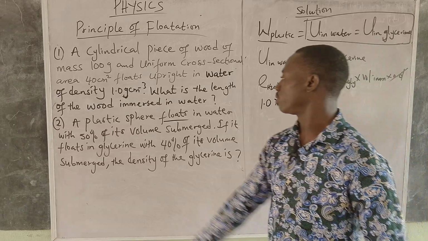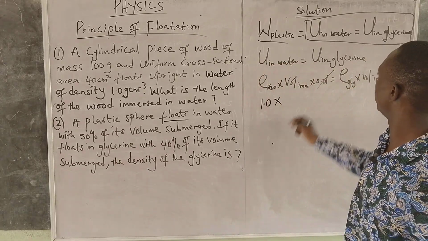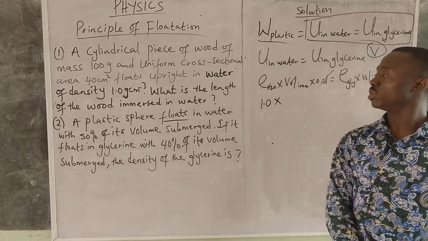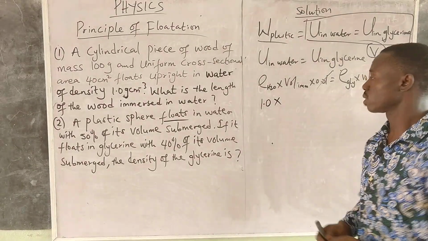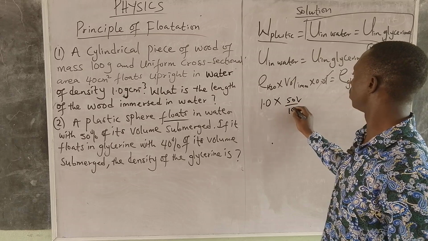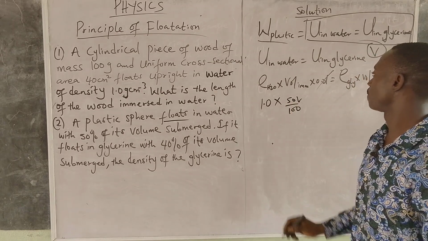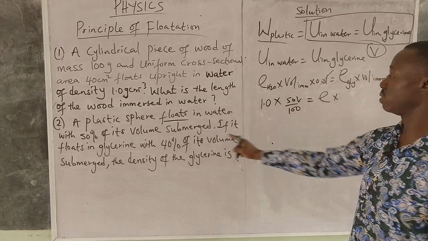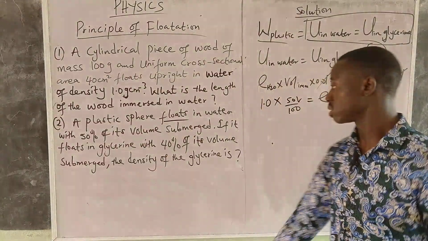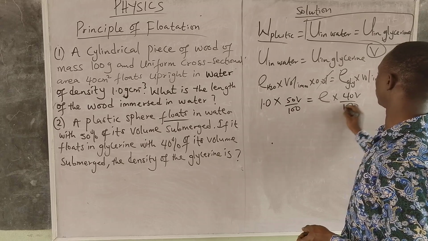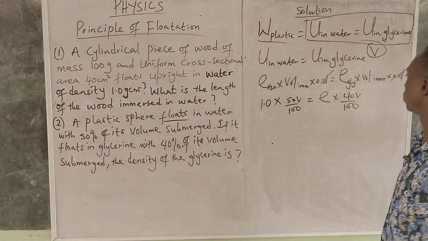Now we are told that 50% of its volume is submerged. If the whole volume of the plastic sphere is V, then 50% of that is 50 V over 100, which is 0.5 V. Then the density of glycerin is unknown, times 40% of the volume submerged, so that's 40 V over 100.